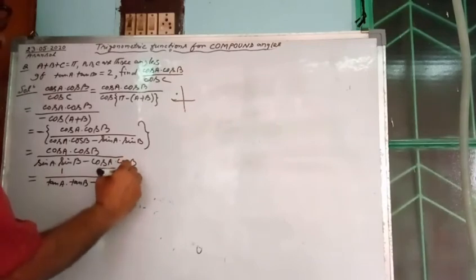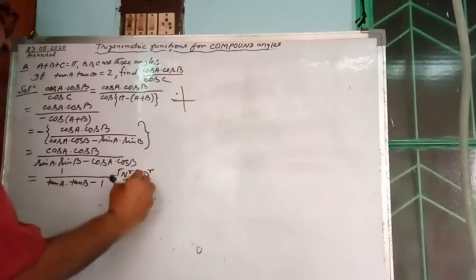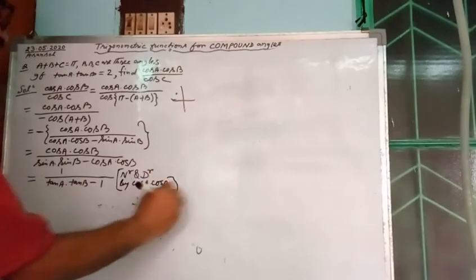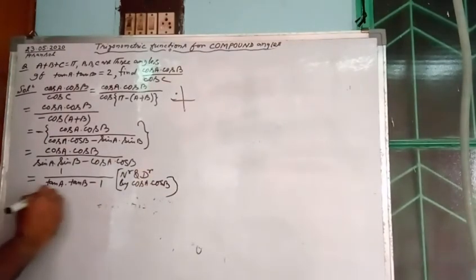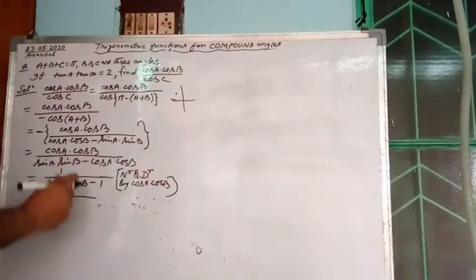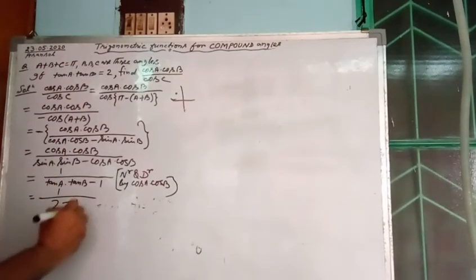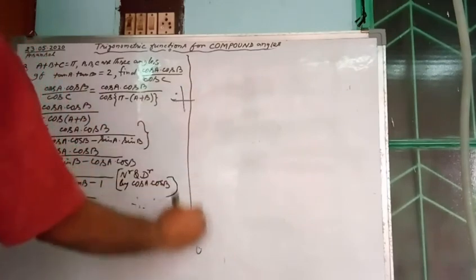We divided the numerator and denominator by cos A into cos B. So this equal to 1 over tan A tan B. Value is given 2 minus 1. That is equal to 1 by 1 is equal to 1. Okay. Next question.